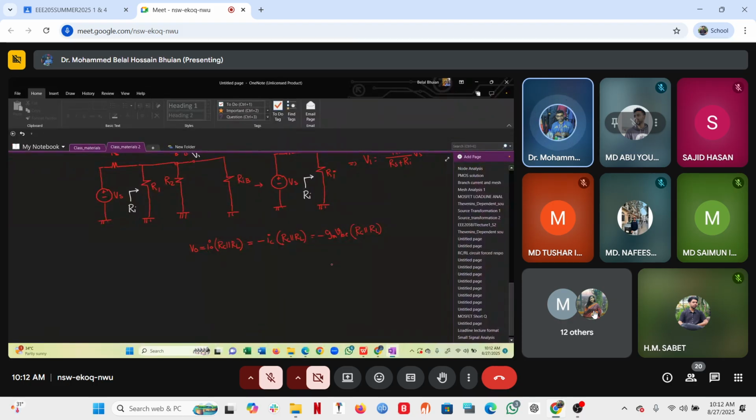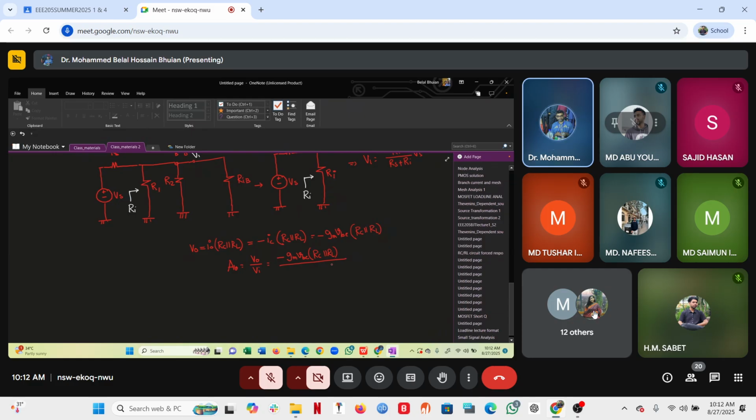And then finally I need to determine the gain AV, which is V naught over VI, which is minus gm VBE times RC parallel RL, divided by VI.